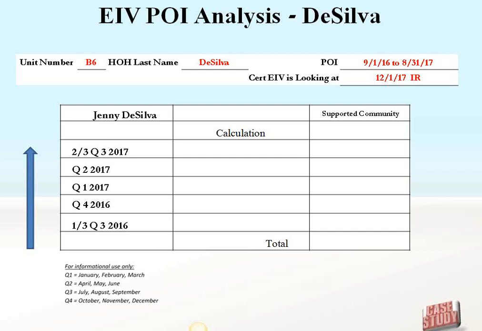Once you've written that quarterly range bottom up, someone tell me, what did Jenny earn from supported community in quarter 3 of 16? 0.